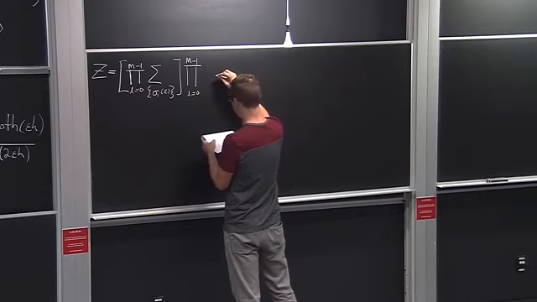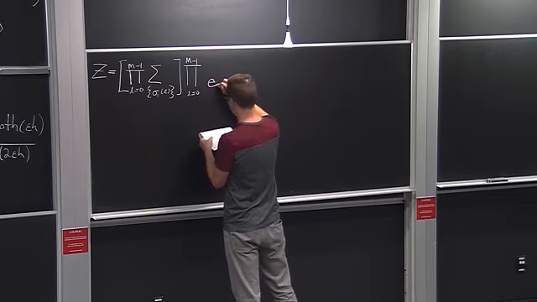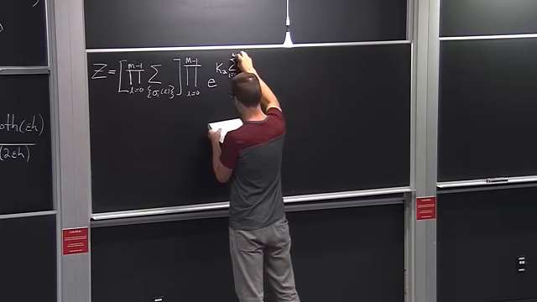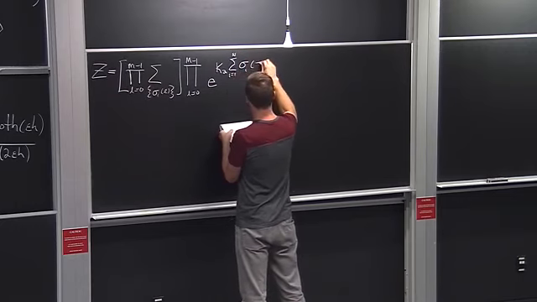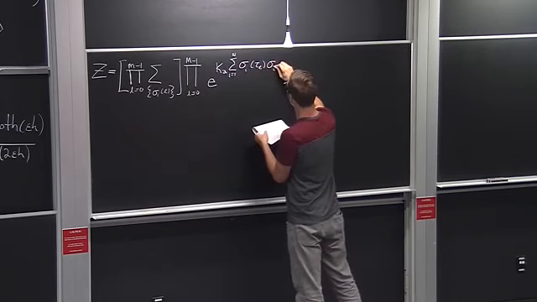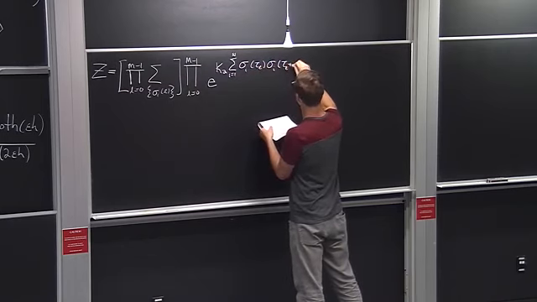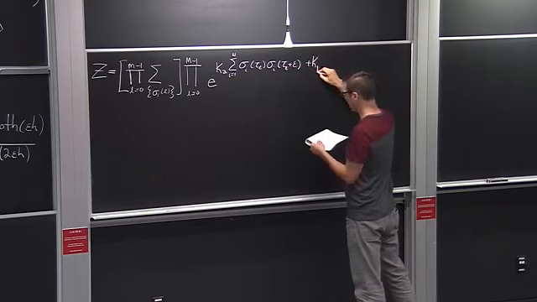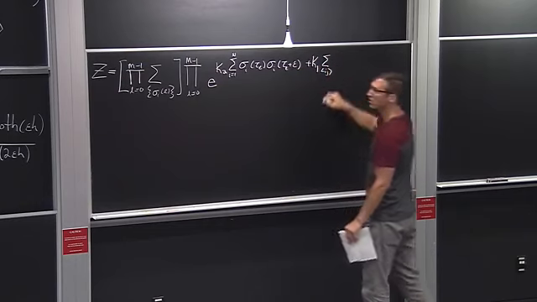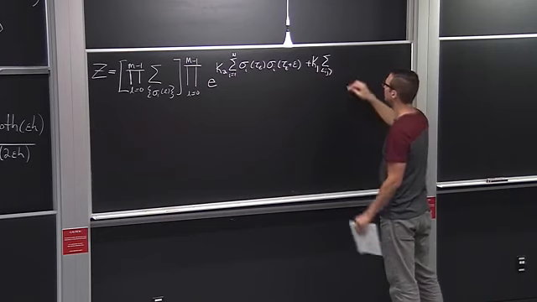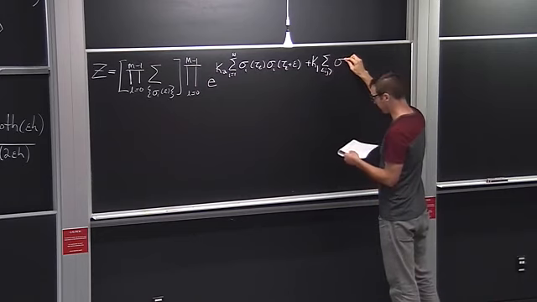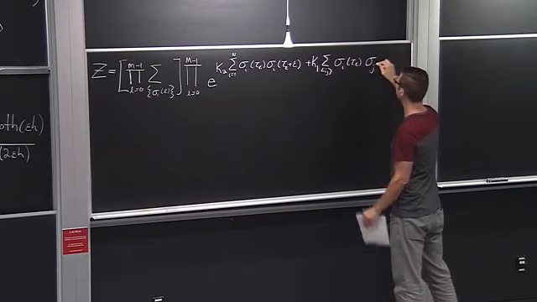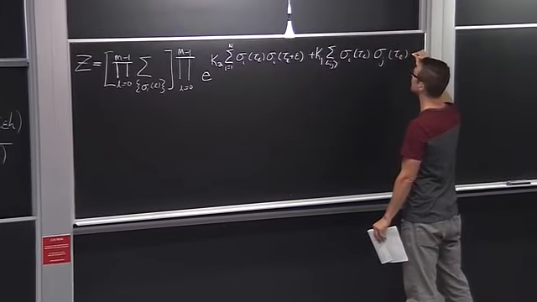So the matrix element will be, yeah, I like it like this. That's K2 plus K1. And this will be sigma i tau L, sigma j tau L. That's it.